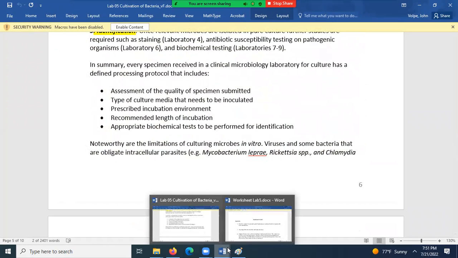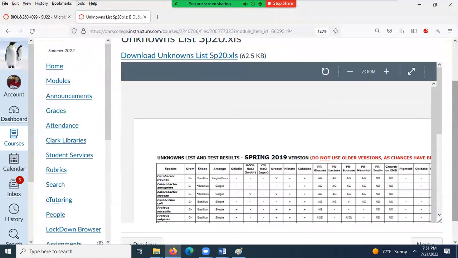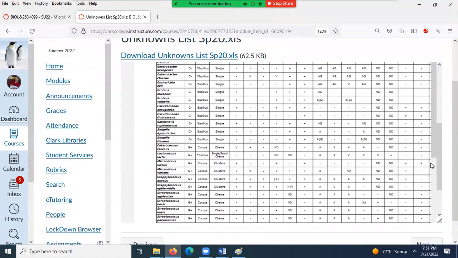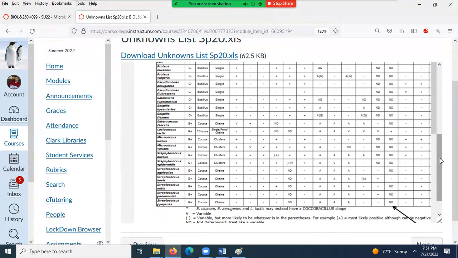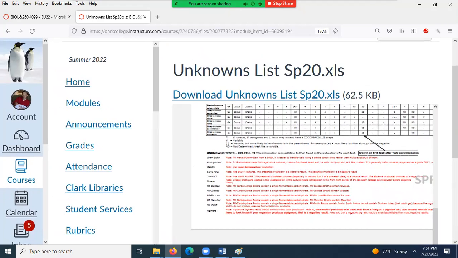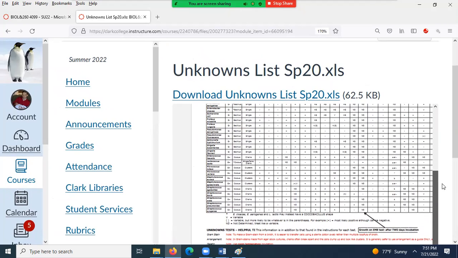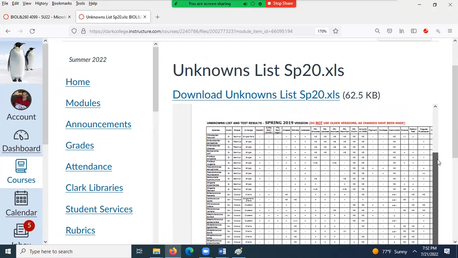Let me briefly go through the table here. Of course, I won't be able to read it. Let me blow it up. That's not really helping. Maybe I can read it. Staphylococcus aureus, which is someplace in here, will grow on mannitol salt agar. Of course, all Staphylococcus aureus will.